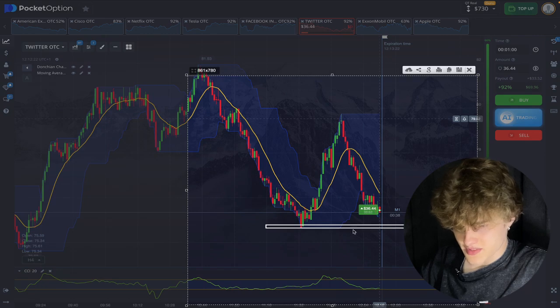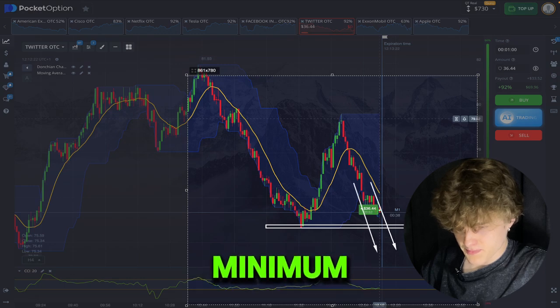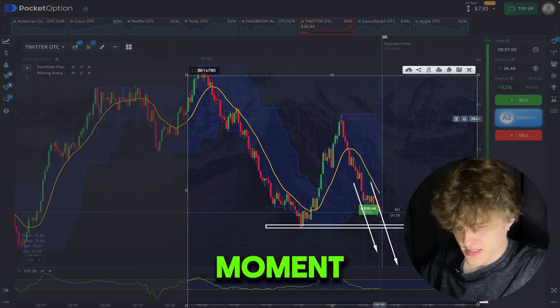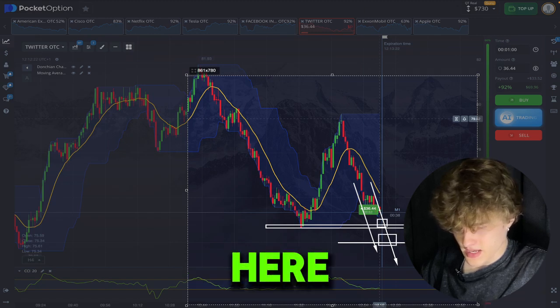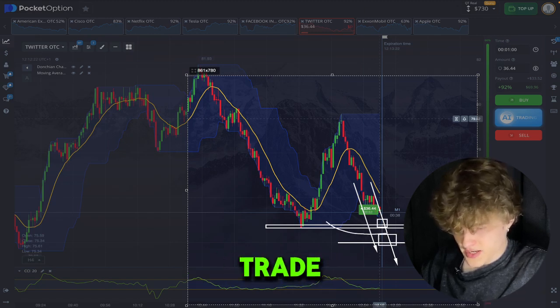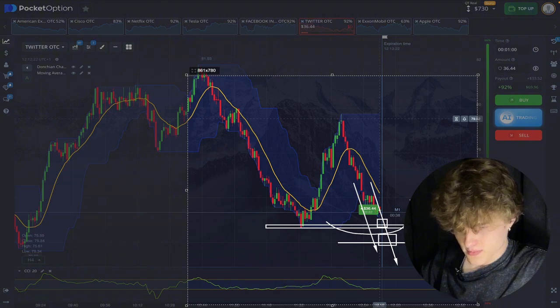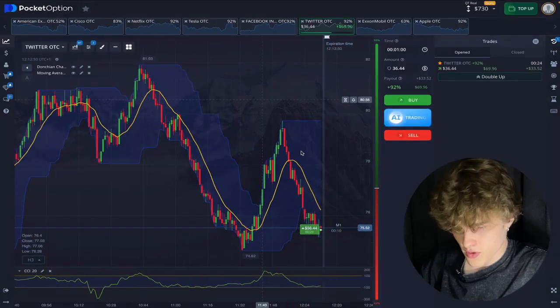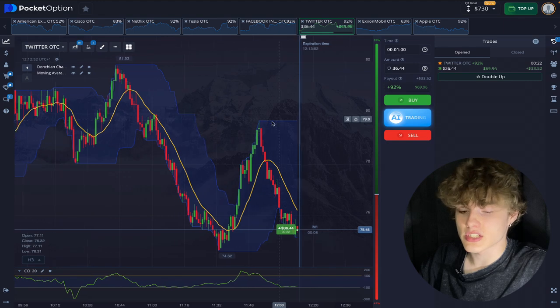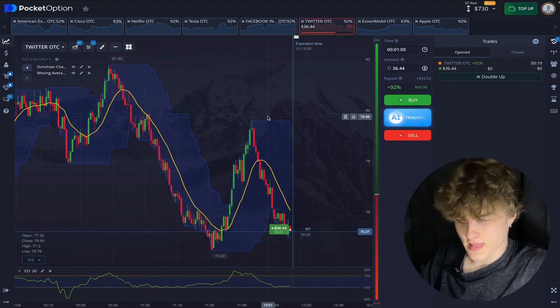And if the dynamics of the movement had gone a little bit lower and the structural minimum had formed at the moment somewhere here or here, then here we could open a trade for a rise. And so we still have the dynamics of movement can actually go lower. But anyway, the point of extreme is formed, so I have to open a position here. Let's see the result.